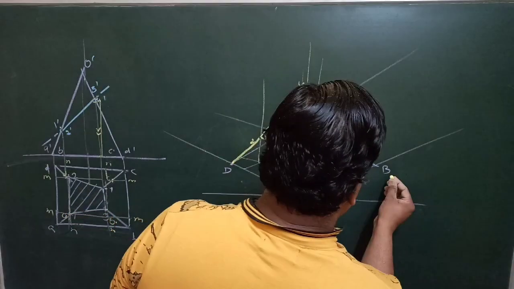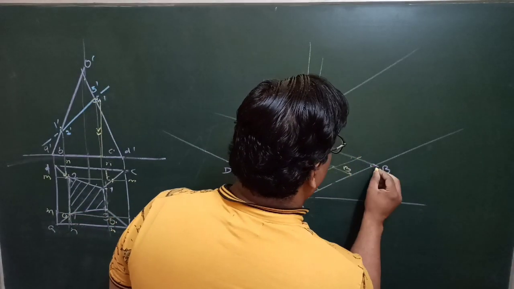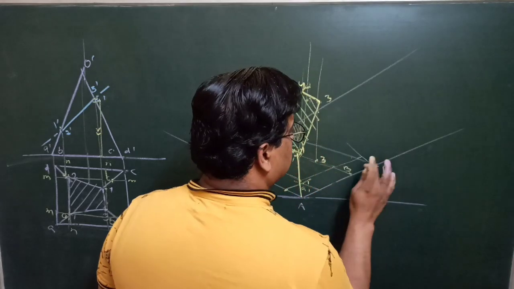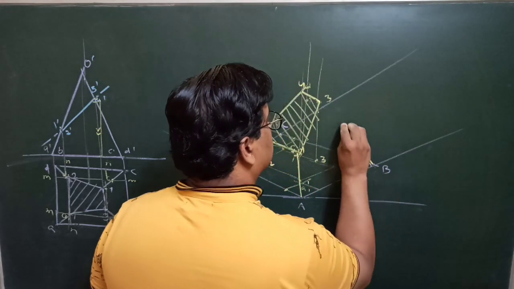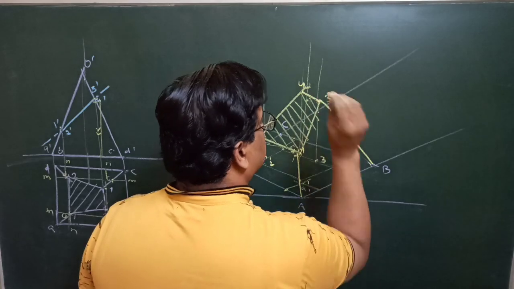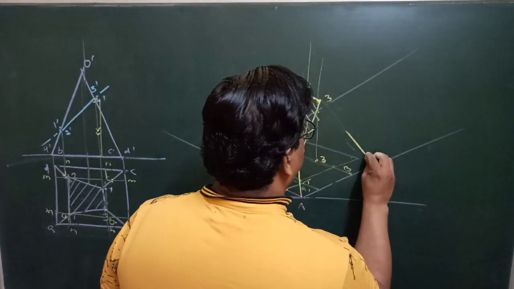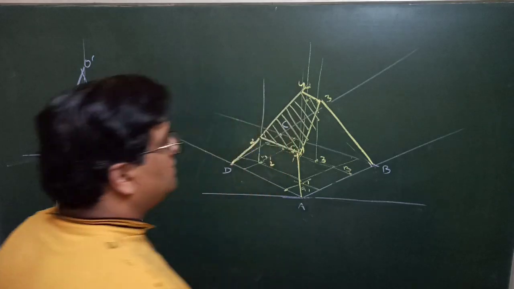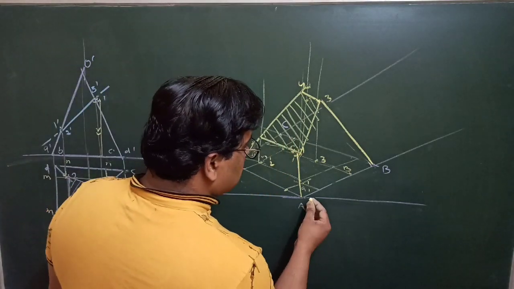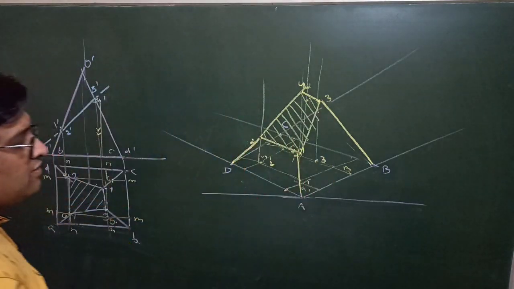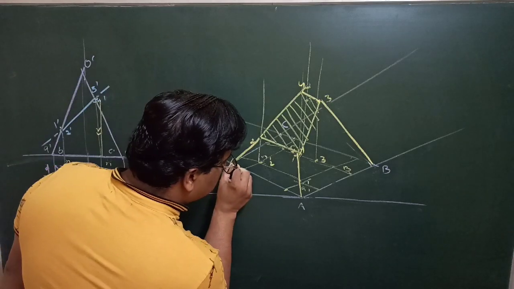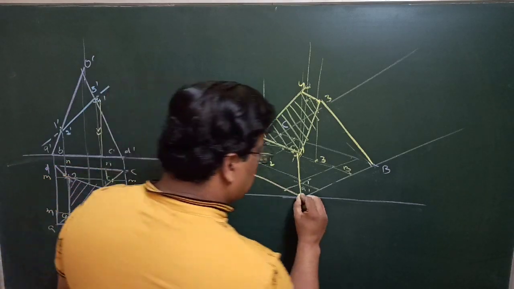So this is D to the third point, so join this. Likewise say this one, and the last point is behind, so we need not show it. Also these lines should be darkened.